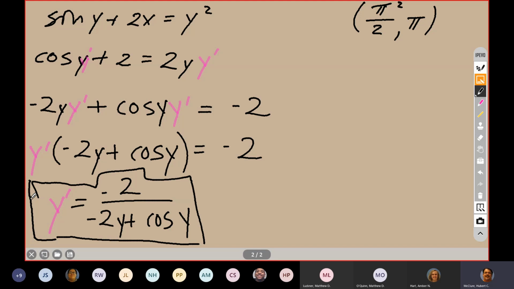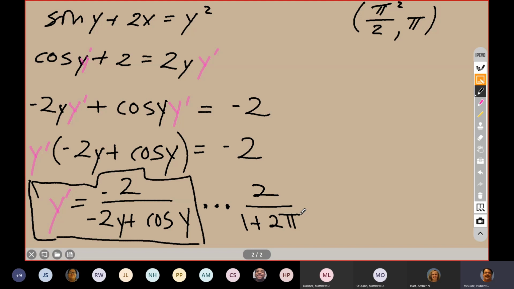And when I plugged in my numbers, I got the slope is equal to 2 over 1 plus 2 pi. But y'all can check me on that.